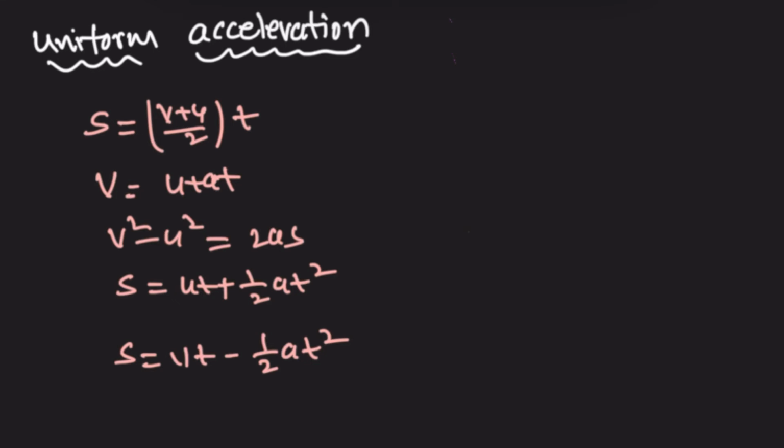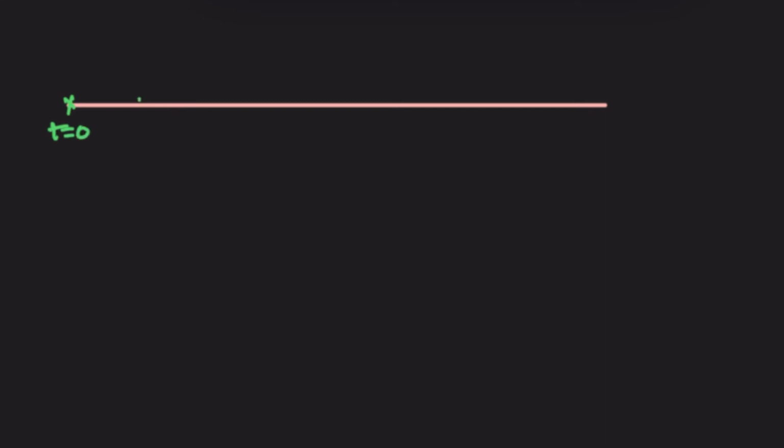Again, we need one more of the kinematic equations. Suppose a body is moving in a straight line. These are the positions at the different times. Suppose at t is equal to 0, this is the position. At t is equal to 1, this is the position of the body. At t is equal to 2 seconds, this is the position of the body.